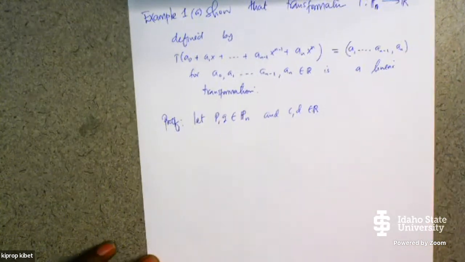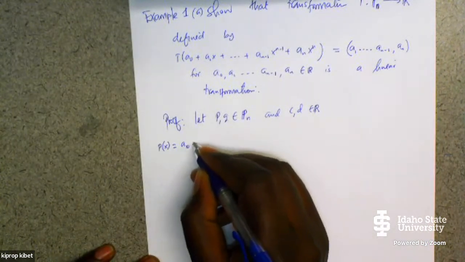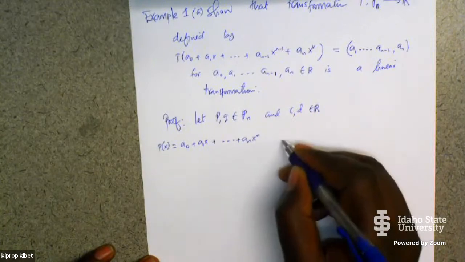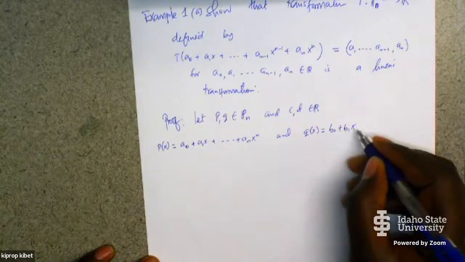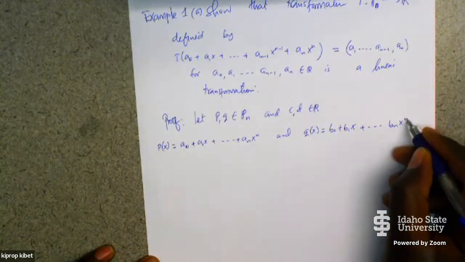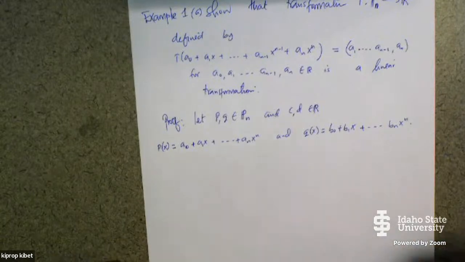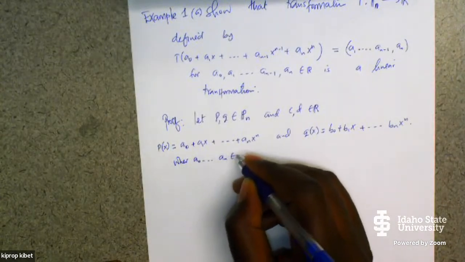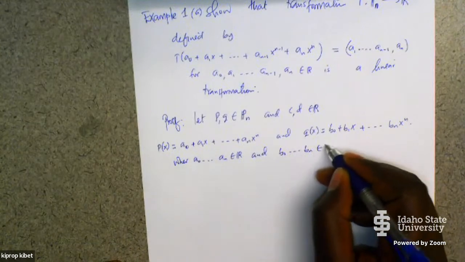Then P of x is equal to a naught plus a1 x plus ... a n x to the n, and Q of x equals b naught plus b1 x plus ... b n x to the n, where a naught up to a n are elements of real numbers, and b naught up to b n are also elements of real numbers.